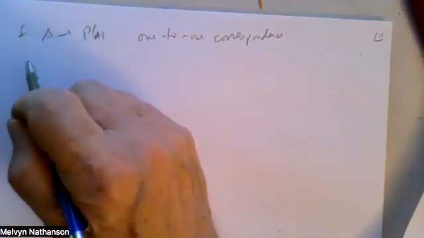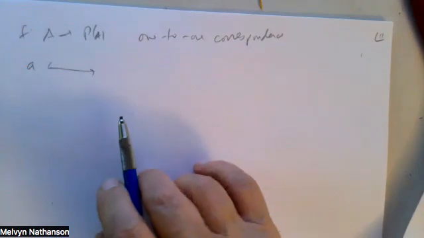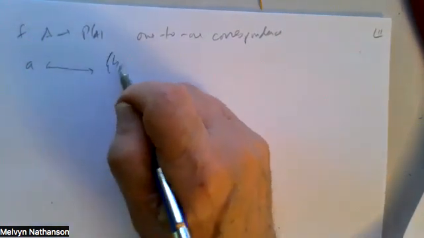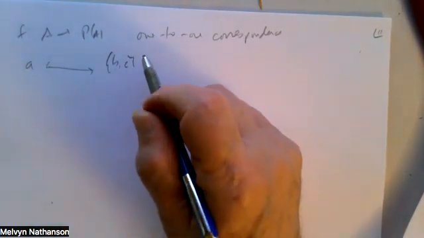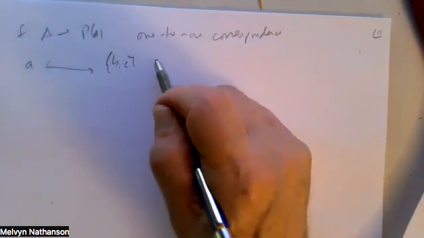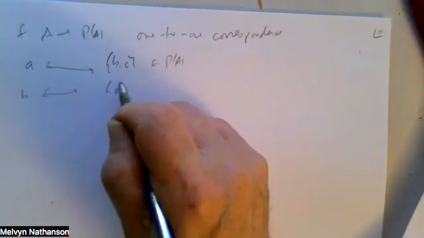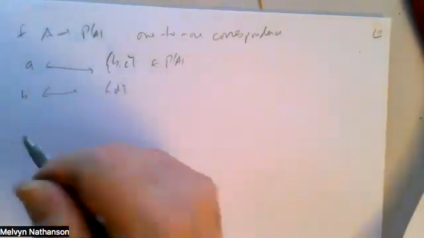So suppose the element a in the set A corresponds to some subset, say B and C. This is a subset in the power set of A. Let's say the element b corresponds to the set consisting of just one element.